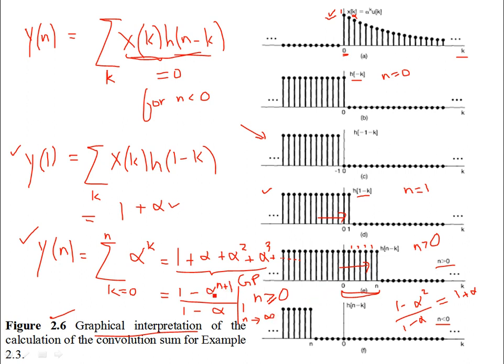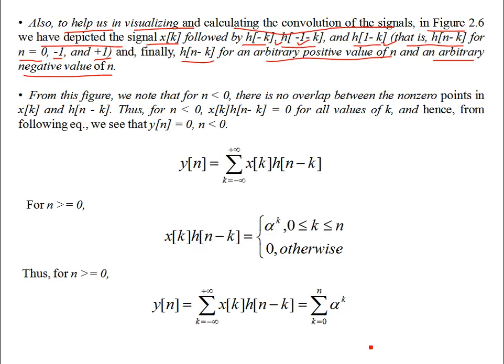Since alpha is a fraction, it could be half, one third, or whatever it is, that means your y[n] in the limit will approach, this thing in the numerator, alpha^(n+1), will become 0. So y[n] will approach 1 over 1 minus alpha, which means that your output is bounded. This is for n approaching infinity, which means your output is bounded, therefore your system is stable.